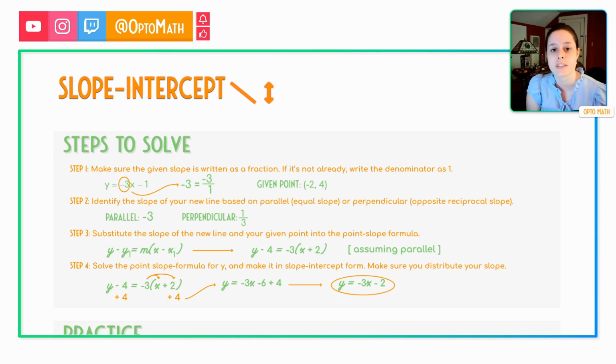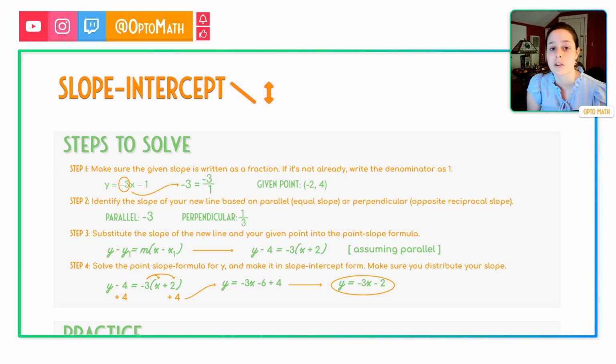Let's take a look at the steps to solve if we want to write an equation of a line in slope-intercept form that is parallel or perpendicular to a given line through a given point. Step 1. In case you have to write the opposite reciprocal of a slope, I suggest your first step be to make your slope a fraction.